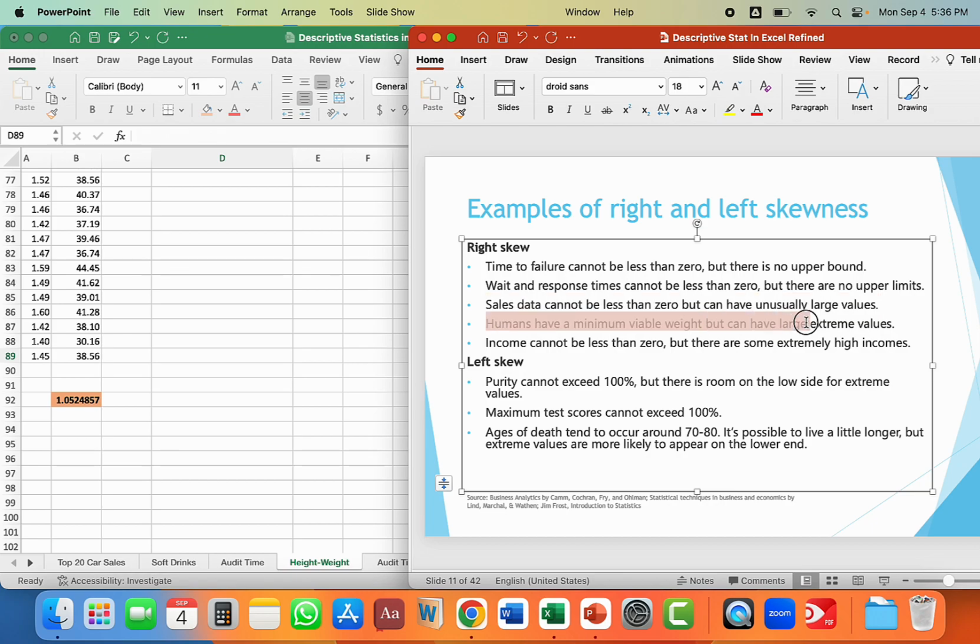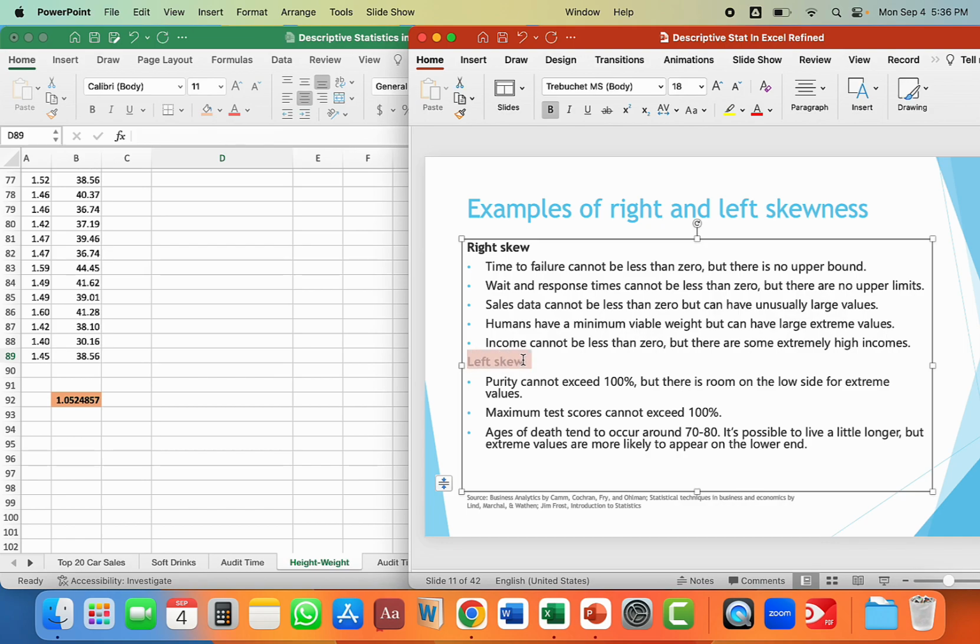Similarly, humans have a minimum viable weight, but there is no upper limit to extreme values, and extreme values always exist. These extreme values will create a tail. And last for right skew is income of people. If there are millionaires and billionaires, they would create this right skew.